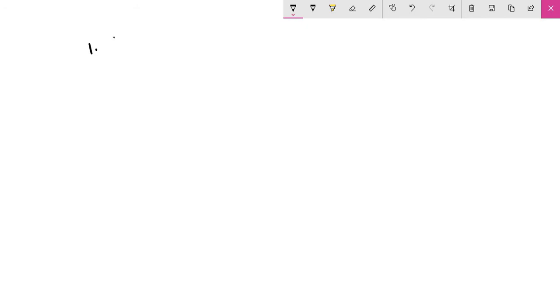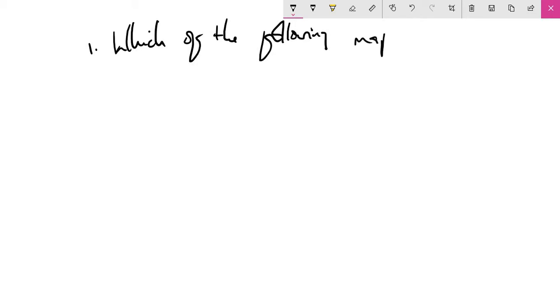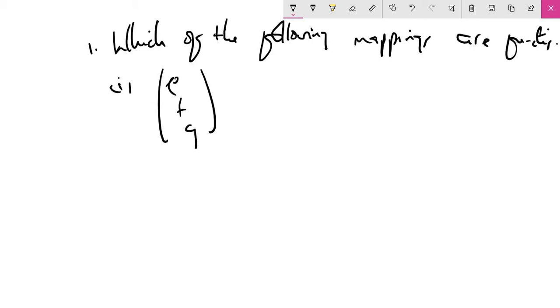All right. So after briefly explaining this, let us solve some real questions, and these are from objective questions. So we are asked which of the following mappings are functions. Okay, so we have I, E, F, G, and then we have A, B here.